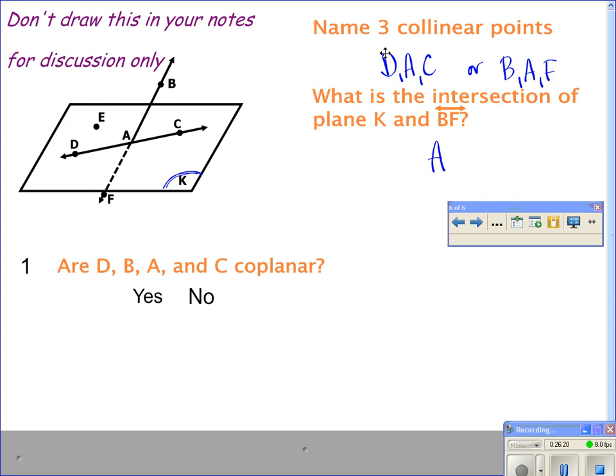Yes. Okay. So D, A, and C, everyone agrees is coplanar, right? All on the same plane. But because this one is sticking out here, we're thinking that it's not coplanar. Could I put a piece of paper in addition to what's here so that it's touching all 4 points?